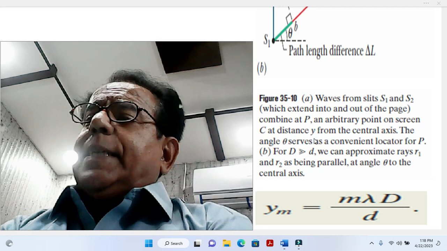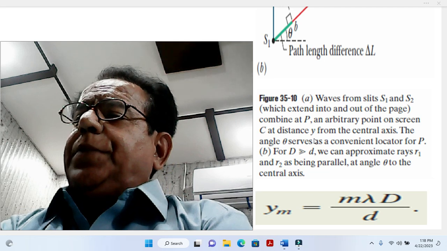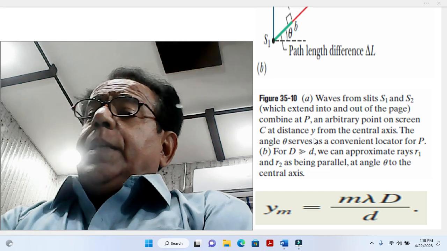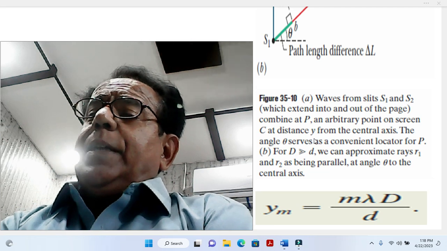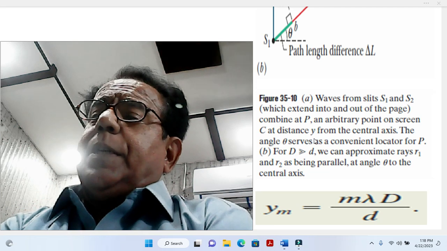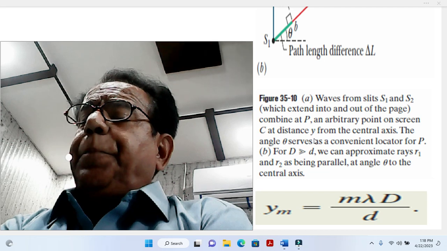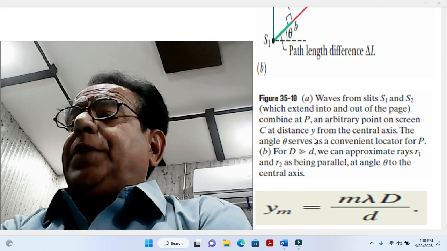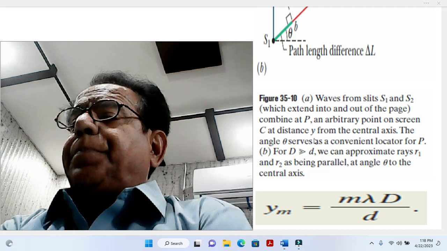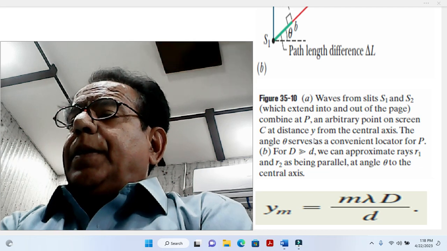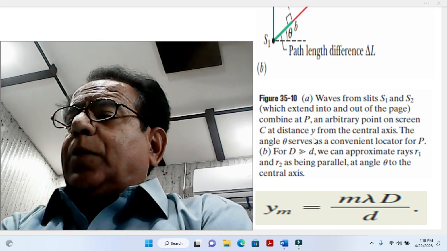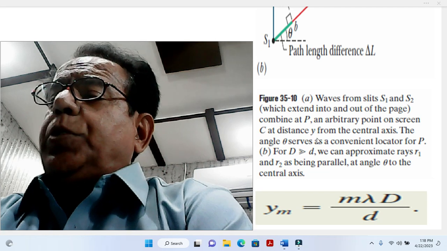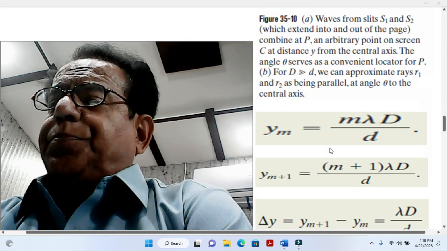The angle theta serves as a convenient locator for P. Now, wording about part B of this figure is described. For capital D very much greater than small d, we can approximate rays R1 and R2 as being parallel at angle theta to the central axis.